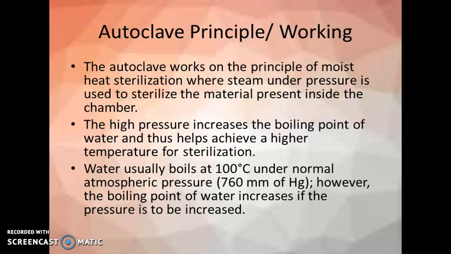The boiling point of water is usually 100 degrees Celsius under normal atmospheric pressure, which is 760 millimeters of mercury. However, to raise the boiling point of water, the pressure has to be increased.